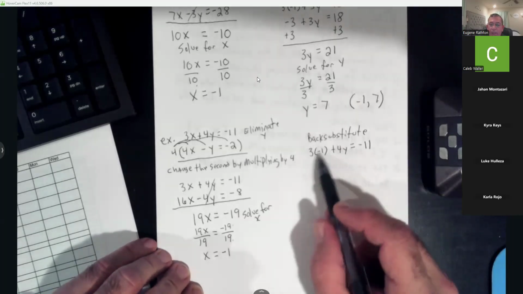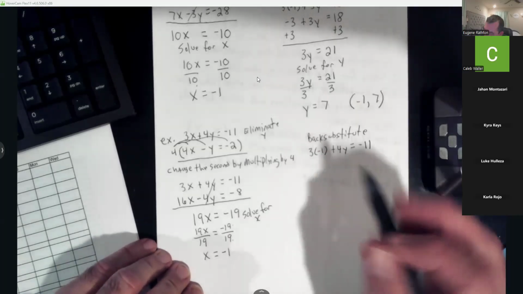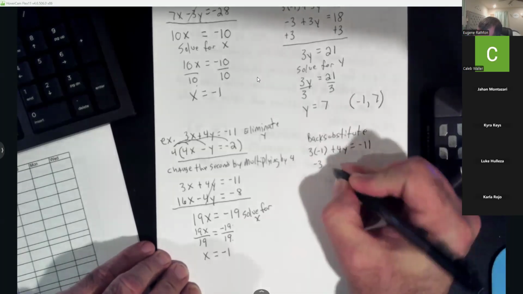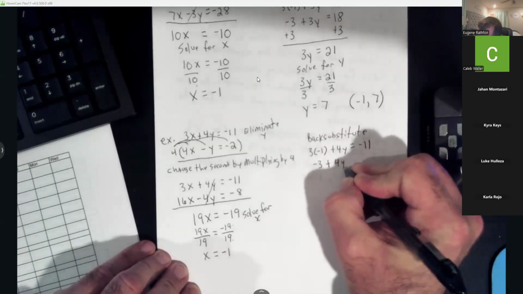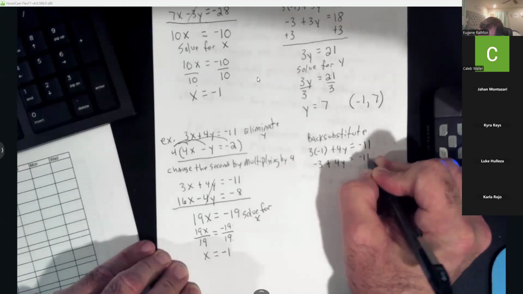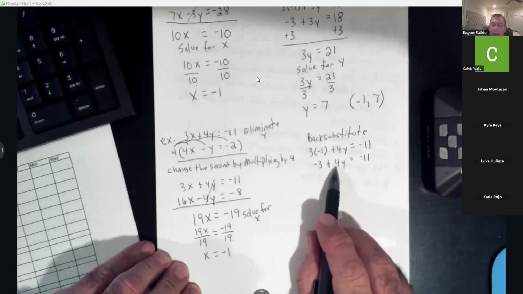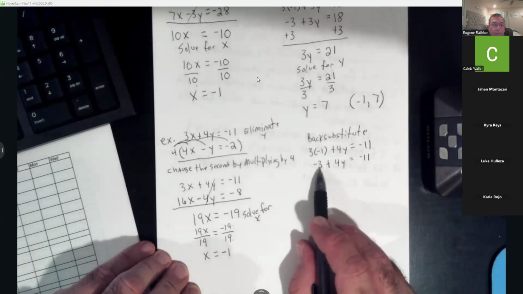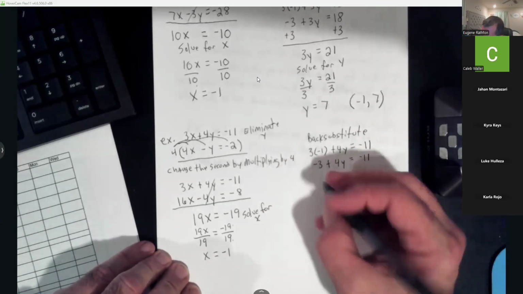All right, so you plugged in. So the first thing is to multiply. 3 times -1 is -3, plus my 4y equals -11. Now we need to get the 4y by itself, so we'll add 3 to both sides.